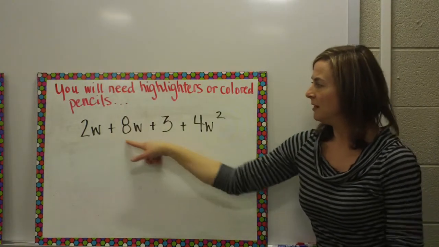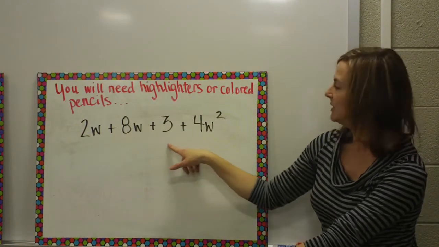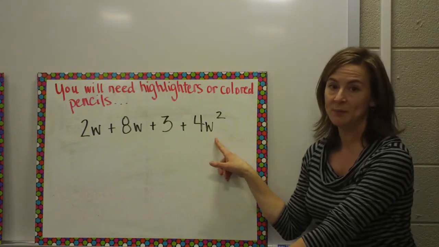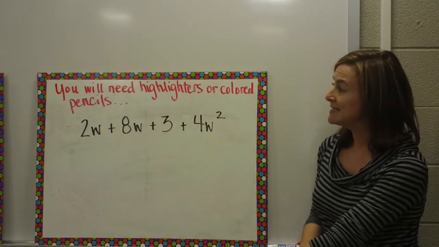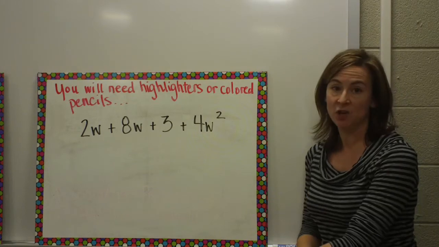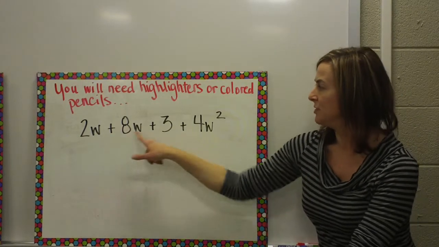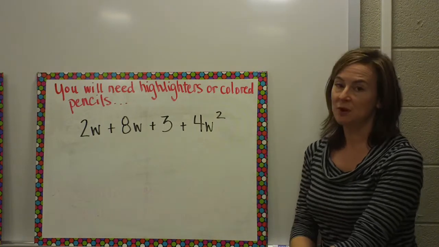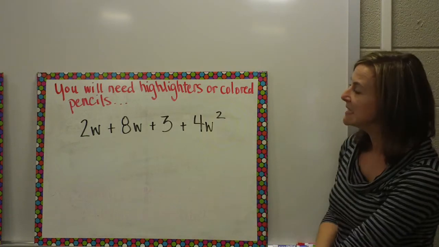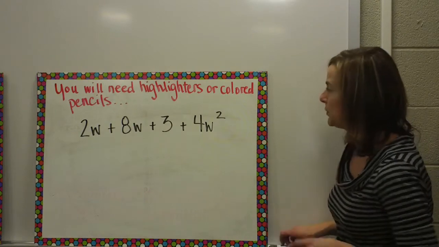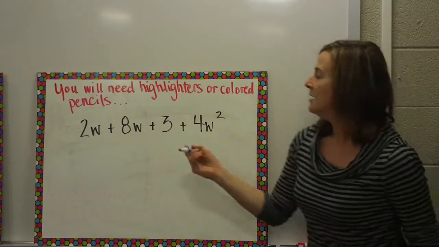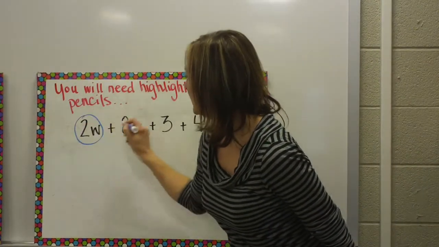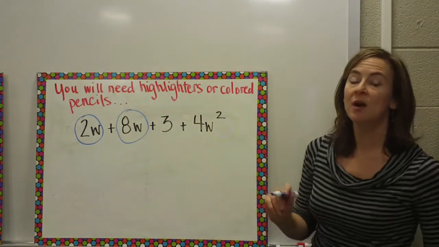We're going to start with 2W plus 8W plus 3 plus 4W squared. What you will see here is in step 1, I want to make sure I have no subtraction. So I don't, all addition signs. Step 2 comes later, so the next thing on my list is identify like terms. Here's where your colors come into play. I'm going to start with my 2W and my 8W.